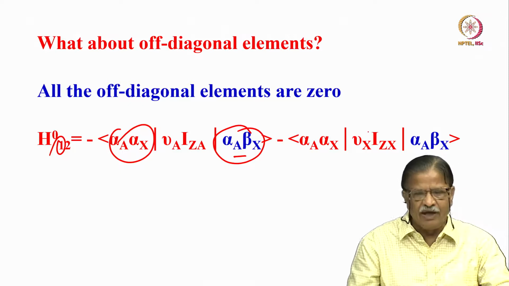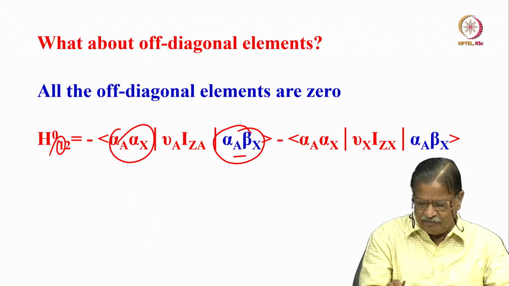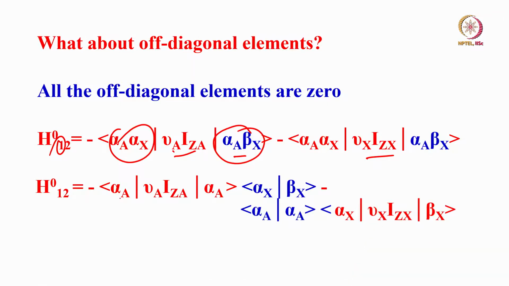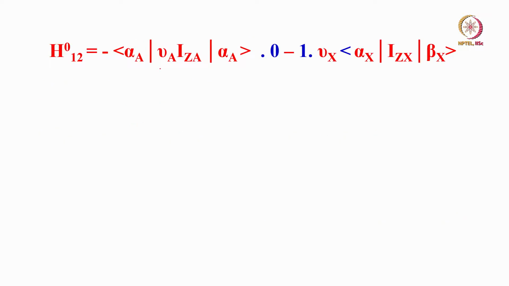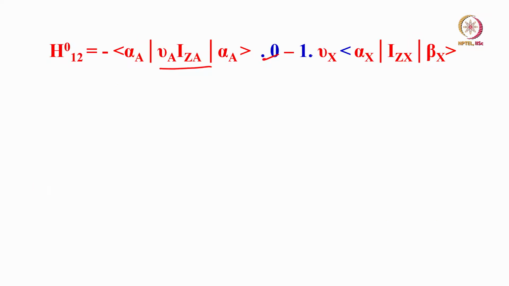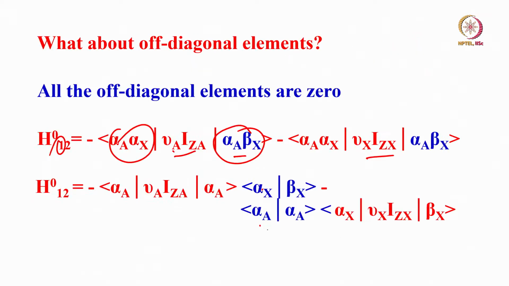So, I am going to write down again, I have already expanded the term nu A IzA, nu X IzX, resolved into different components here: alpha, nu A IzA, alpha beta, and again alpha, nu A I take it out, and nu X IzX beta X. But you know that this remains the same, but here what is happening, alpha operating on beta, I told you they are an orthonormal set, so it is 0. Similarly here alpha, okay, so this is 0 and this is going to be 1.